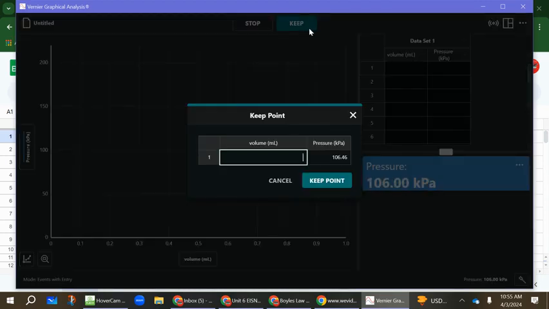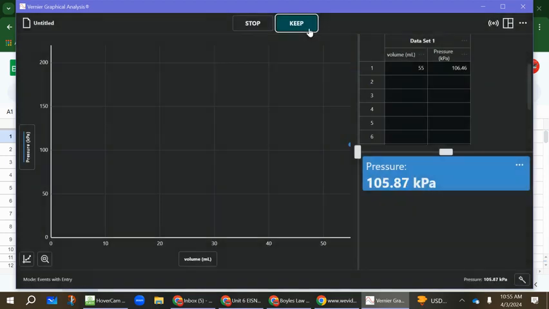And now it's asking you, okay, what was the volume that you had the syringe at? And you could type in 55. And it will now plot that point and put it in the table for you. Okay? And you can let go of the pressure sensor. You don't have to keep holding it at 55.